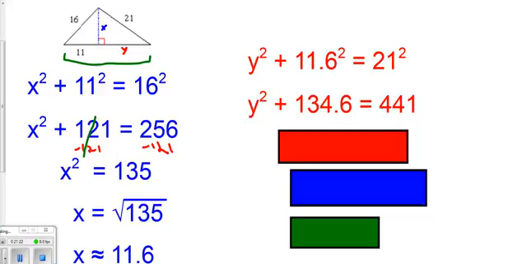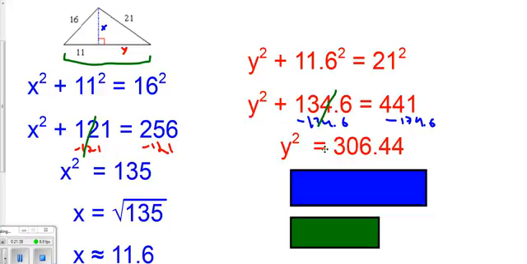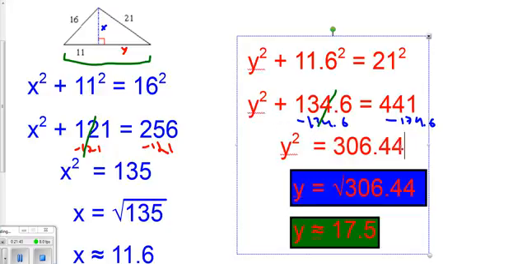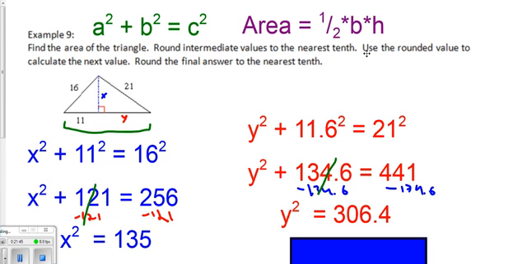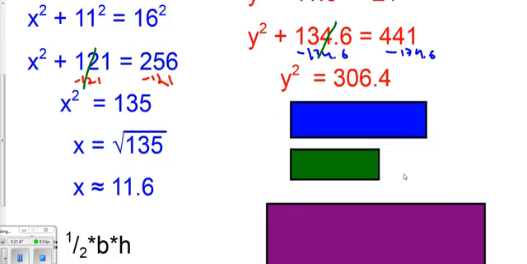Now, to get rid of that on both sides, we'd subtract 134.6 from both sides. That means those are going to cancel out. And we are left with y squared equals 306.44, which again should just be 306.4. We are rounding to the nearest tenth each time.